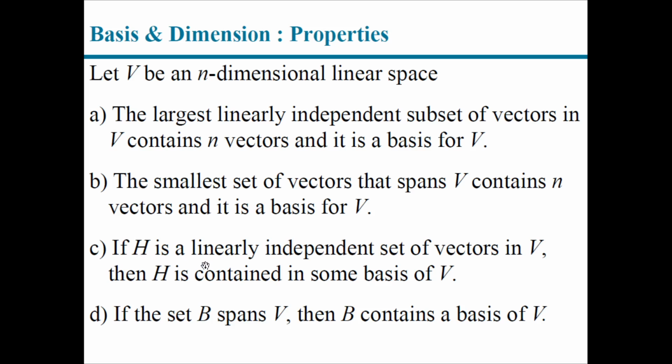Set H contains a certain number of linearly independent vectors that is less or equal to n. We know already that. So that set is contained in some basis. Basically, I can take, let's say, 2 linearly independent vectors in R3. Those 2 linearly independent vectors are contained in one of the bases for R3. Basically, I can add another linearly independent vector to create a basis.